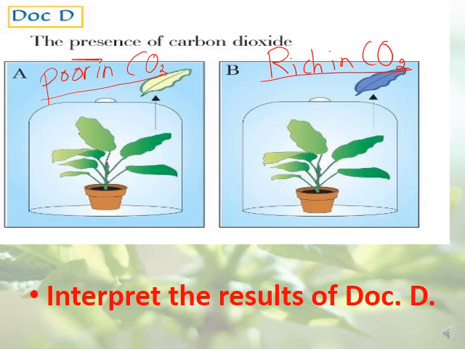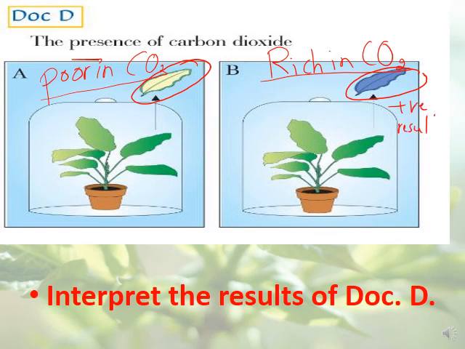So we don't have the dark blue color. We have yellow color here. While after adding the iodine water solution to the leaf from plant B, it gives dark blue color. So what does this mean? This means that the iodine water test is positive here, a positive result.